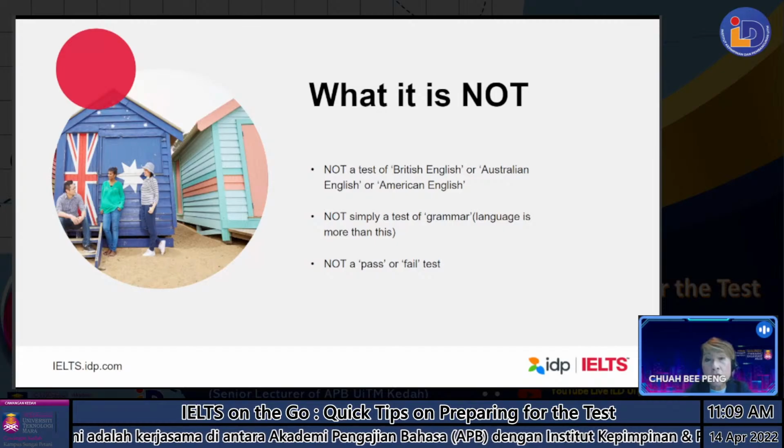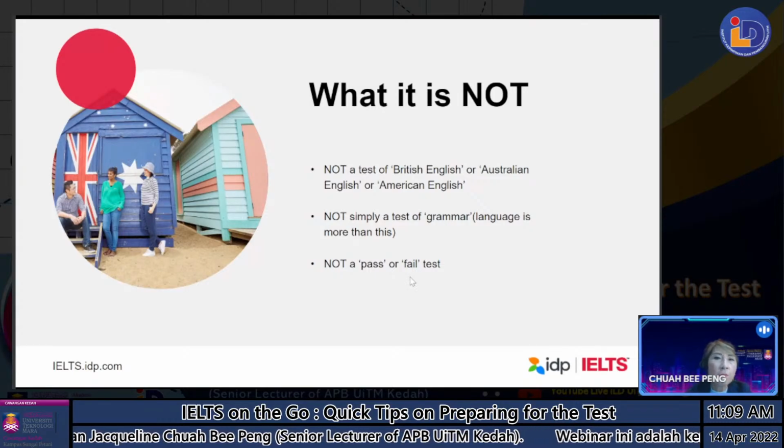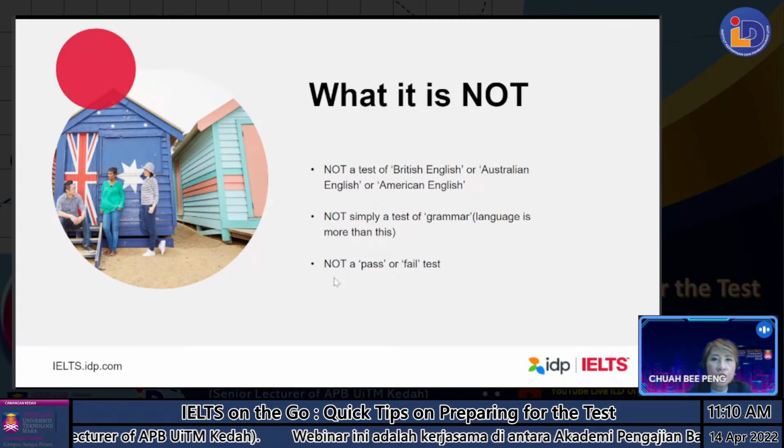It all depends on the band that you need to attain for the requirement of whatever, whether it's for scholarship application or for university placements or for migration purposes. You have to look at the band that you need to achieve, and then you work towards that.